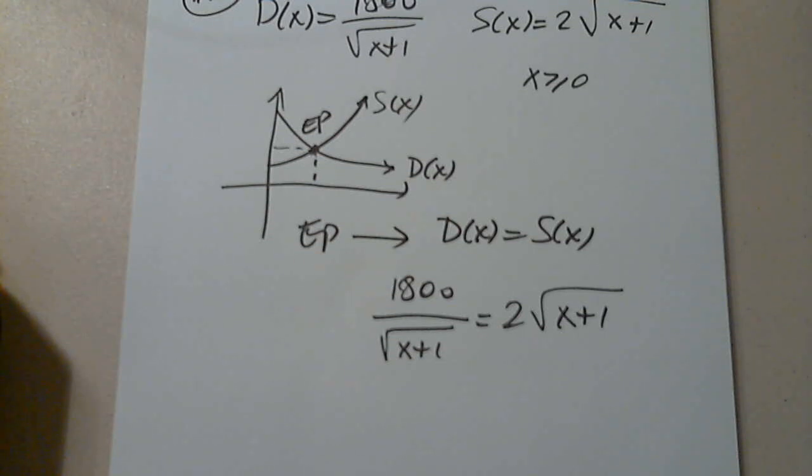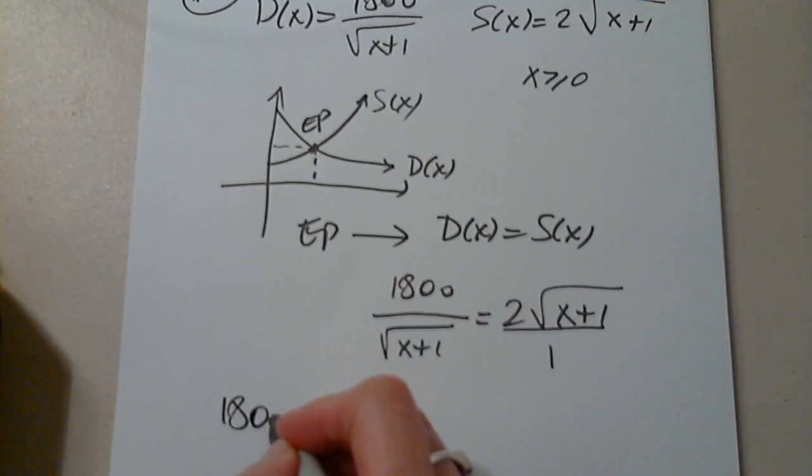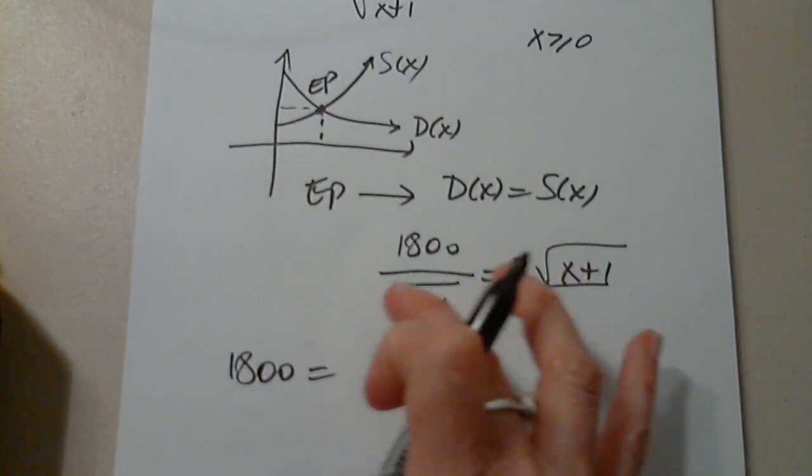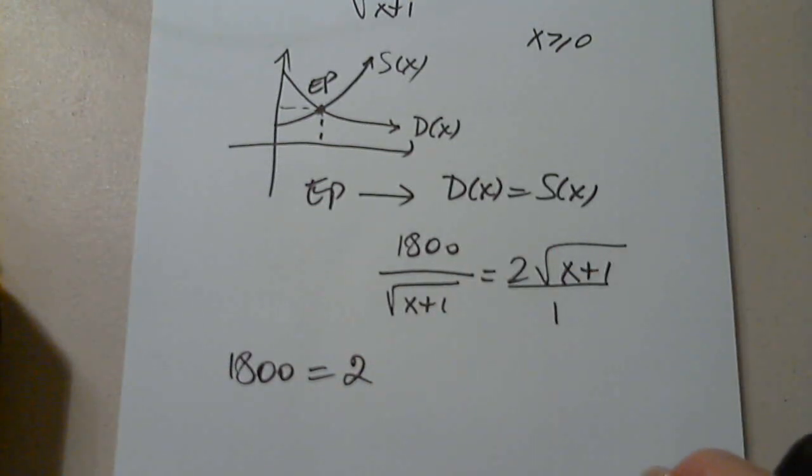Multiply square root of X plus 1 on both sides? Exactly. You're saying cross multiply. Just cross multiply. 1800 equals 2 times 1, which is 2. How much is the square root of X plus 1 times the square root of X plus 1?